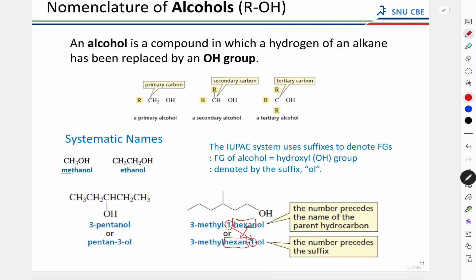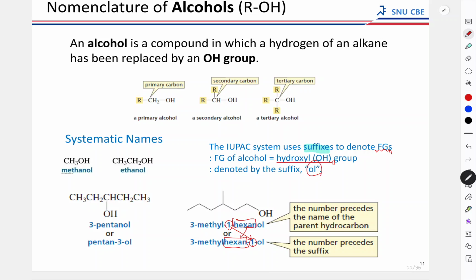Suffix means the structural moiety put at the end, and the unit name denotes the functionalities or functional groups. The functional group of alcohol, of course, is the hydroxyl group, which can be denoted by OL. That's the suffix for alcohol.